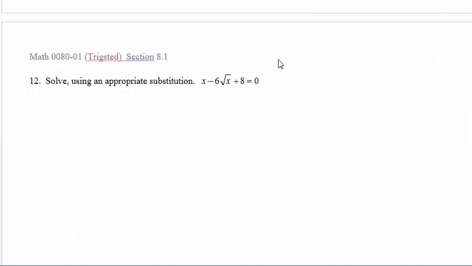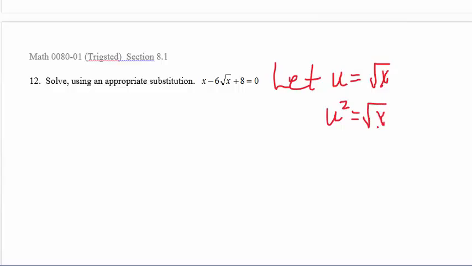Okay, so we get all kinds of situations where we can solve using a substitution. Here we let some other variable. I like to use the variable u. And in this case, that equals the square root of x. And if I square u, I get the square root of x squared.